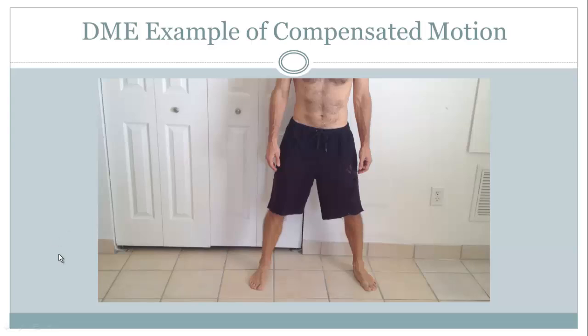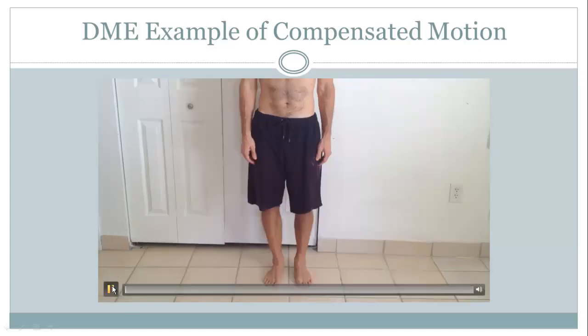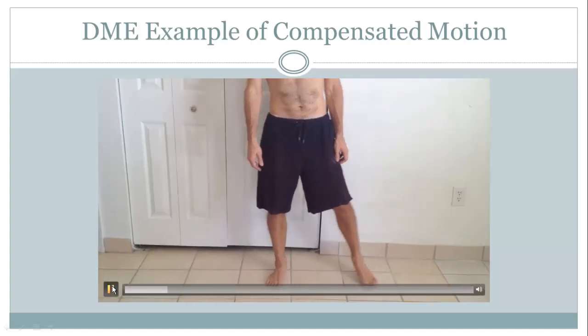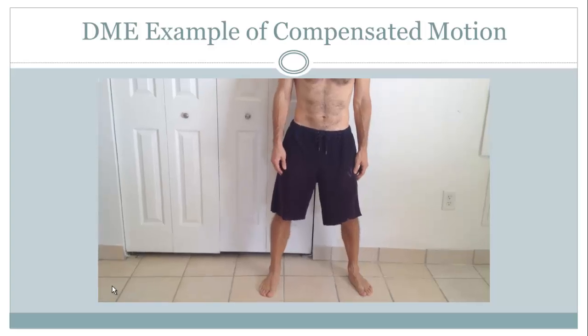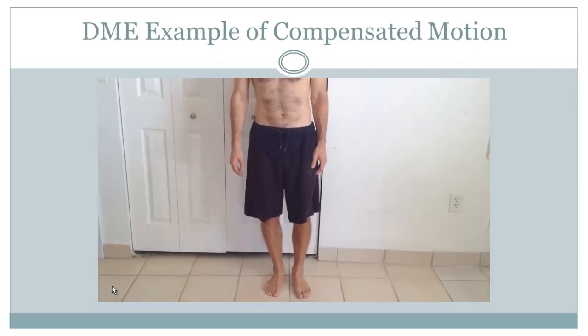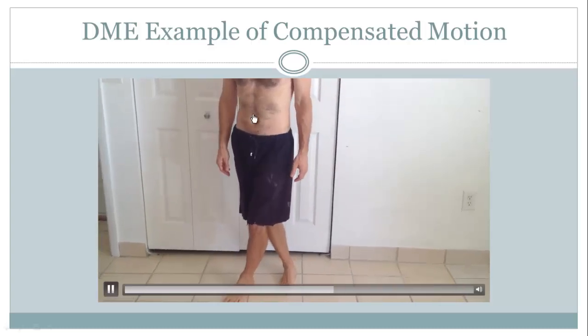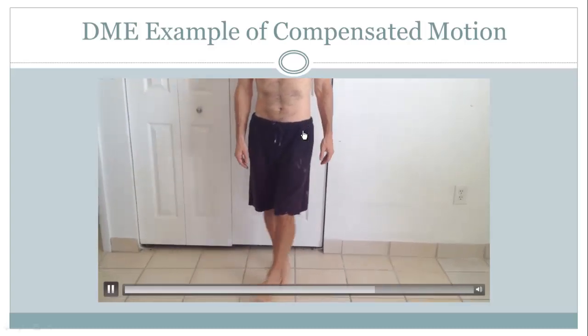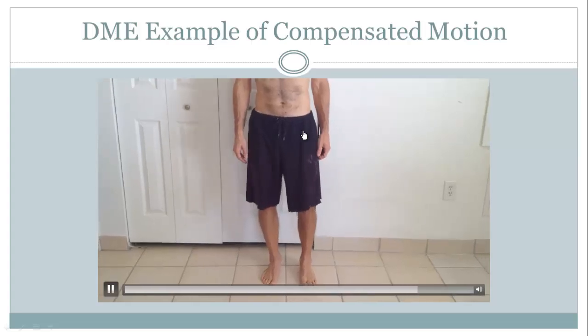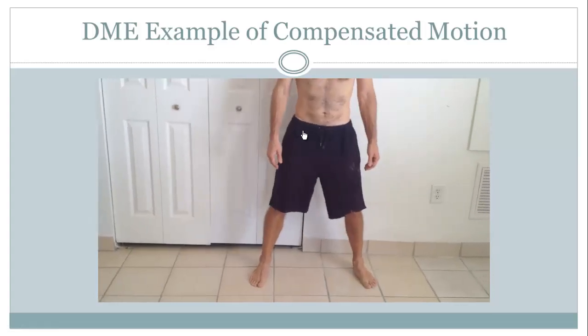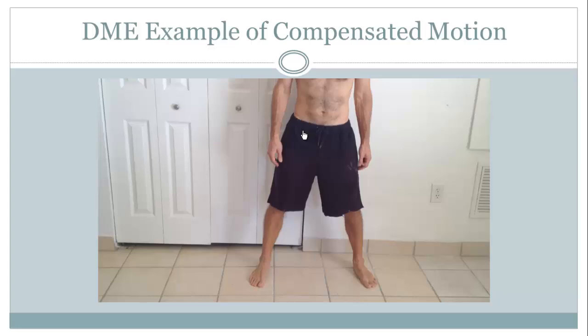So let's watch one more time as we look into abduction and adduction. Right at this location, look at all of that rotation that's occurring in his lower lumbar spine. And it's no coincidence to note that this individual suffered a herniated disc fairly recently at L4 and L5.